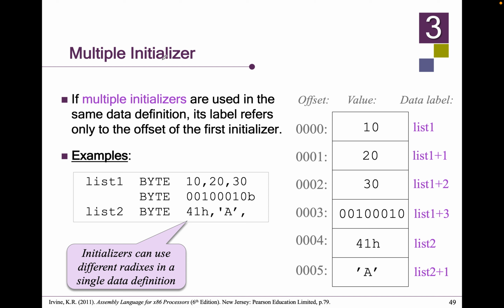Multiple initializer. So if you have several, with a comma here, you're going to start with this, and lastly this one. Normally if it's one single line, you're going to pick the back.